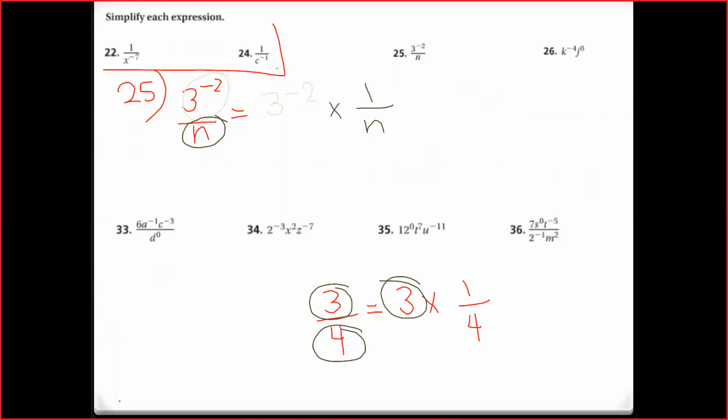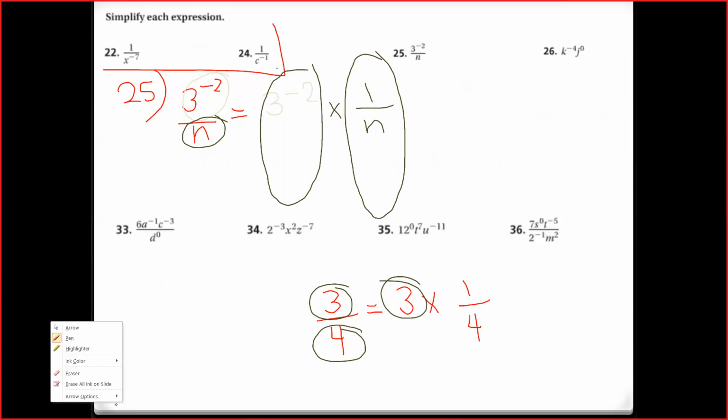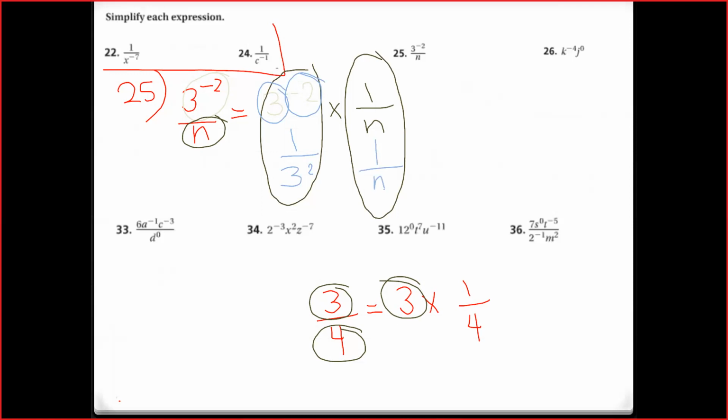Then, here I have now 3 to the power negative 2, and I have 1 over n. 3 to the power negative 2, using the negative exponents: what is the reciprocal of 3? It is 1 over 3. And what is the opposite of negative 2? It is positive 2. And here keep it as 1 over n.